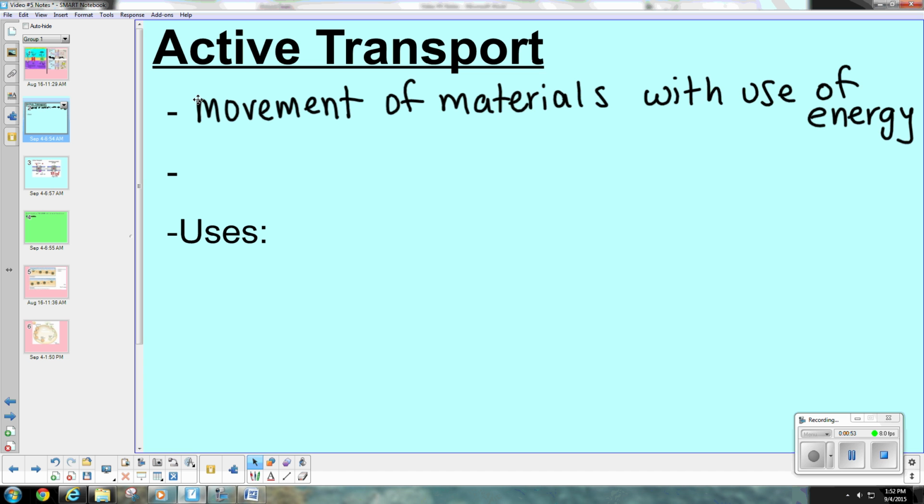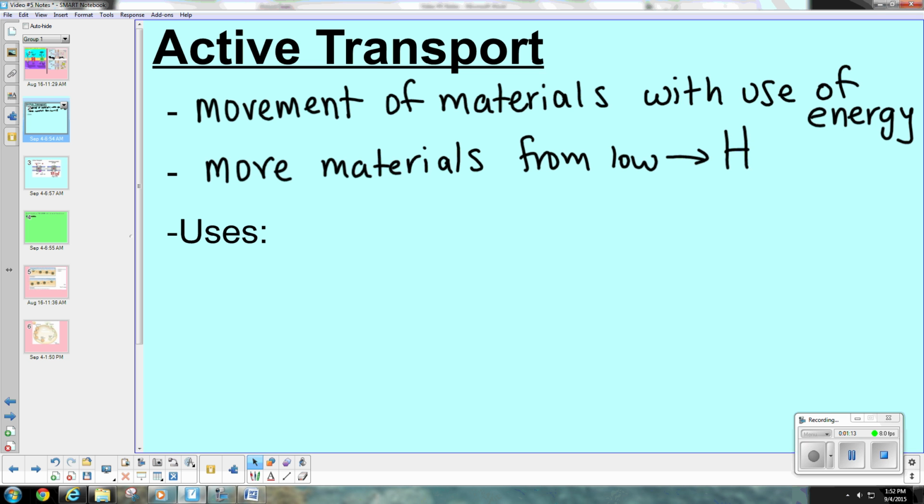Since it is using energy, that's because we're moving substances against the concentration gradient. That means we move these materials from a low concentration to a high concentration. Remember, concentrations can also be known as amounts.